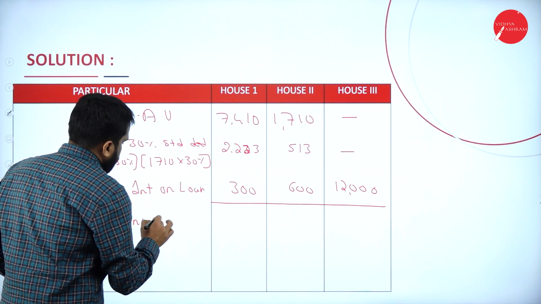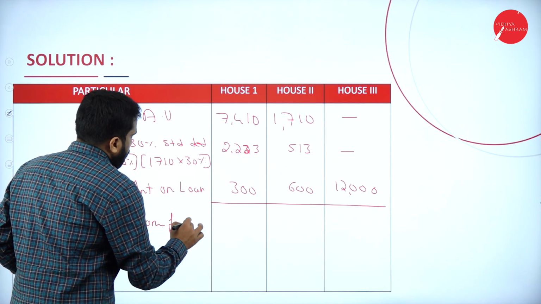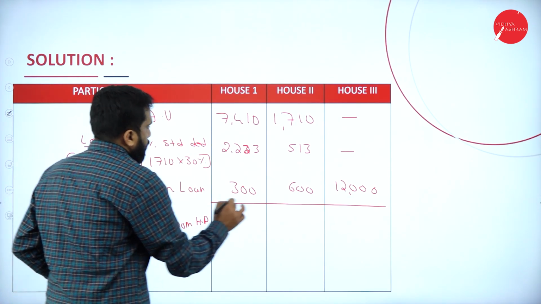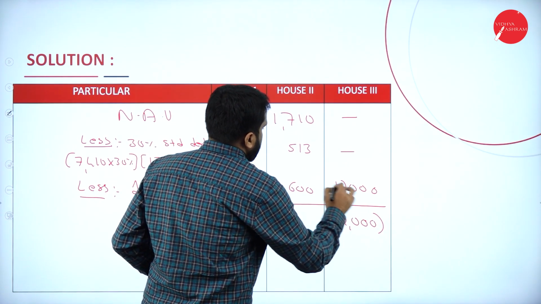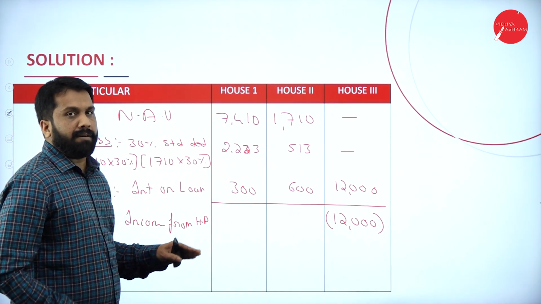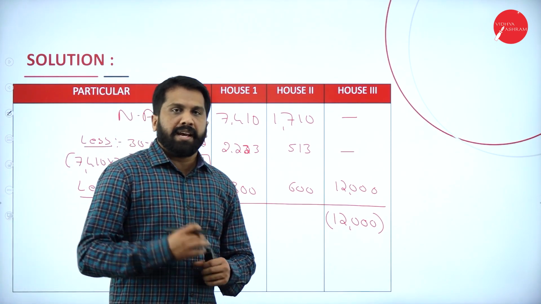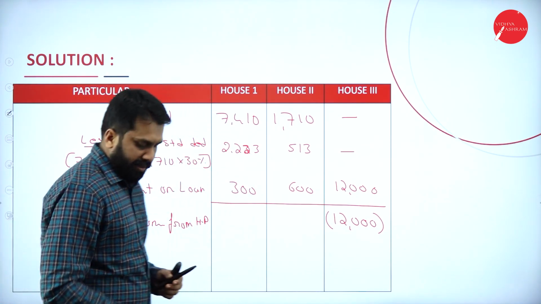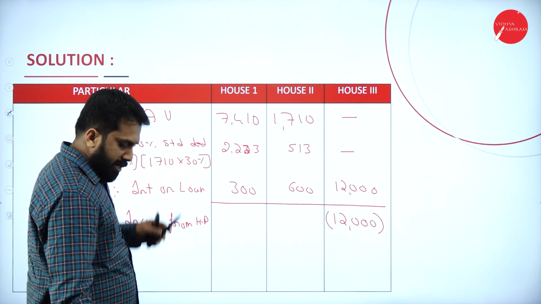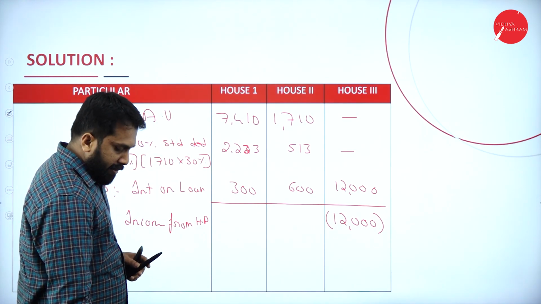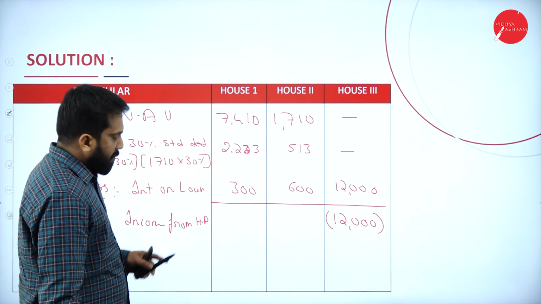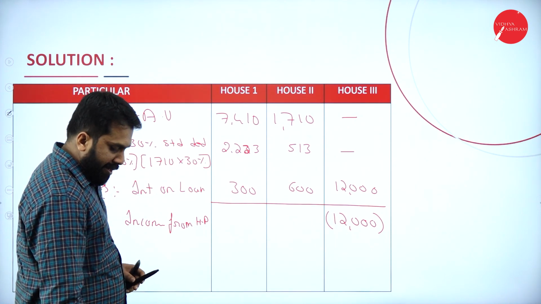Income from house property. The last one is minus 12,000 because we don't have income. From 0 if you minus, it will become minus 12,000. What about the rest? It will be 7,410 minus 2,223 minus 300.